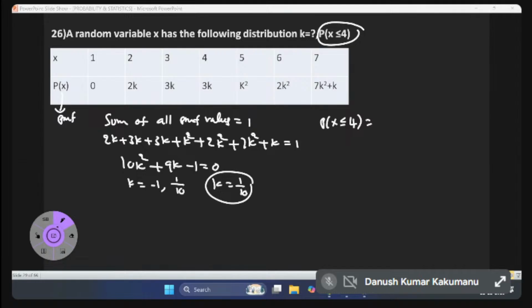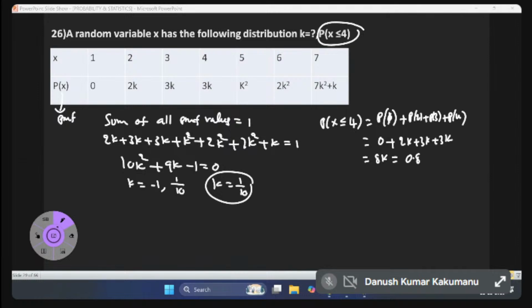CDF is the sum of the PMF values: PMF of 1, 2, 3, 4. Is that enough? Enough. The PMF values are 0, 2k, 3k and 3k, which gives 8k. 8 by 10, that is 0.8. P of x less than or equal to 4 is 0.8.